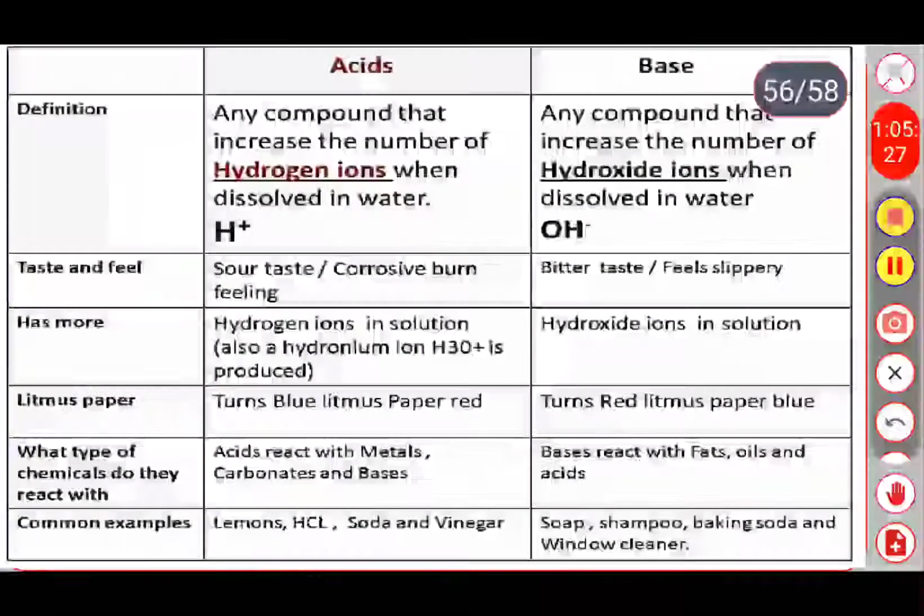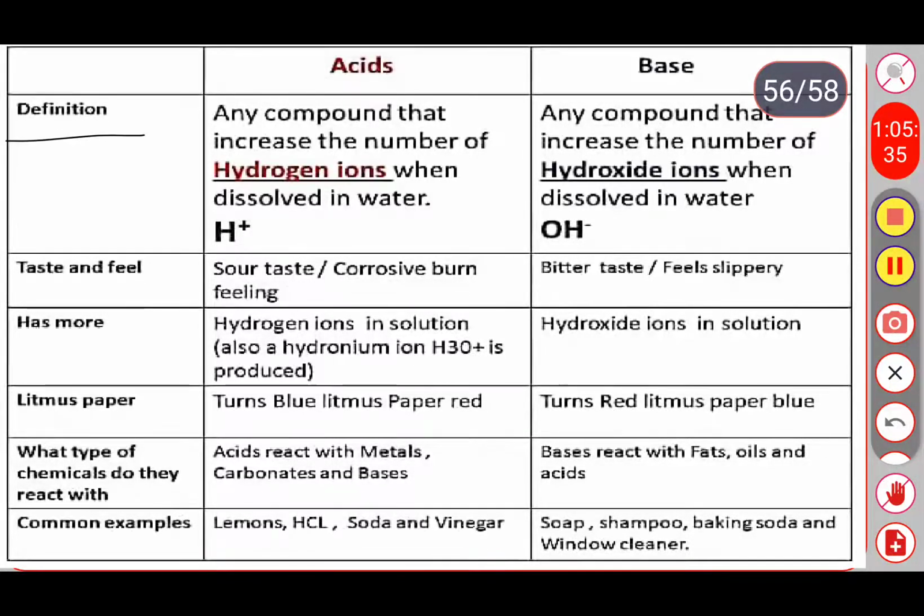Any compound that increases the number of hydrogen ions when it dissolves in water. It means whenever an acidic substance is dissolved in water, it releases H plus ions. Similarly, bases are substances that release hydroxide ions when dissolved in water. So acids release hydrogen ions and bases release hydroxide ions, OH minus ions.